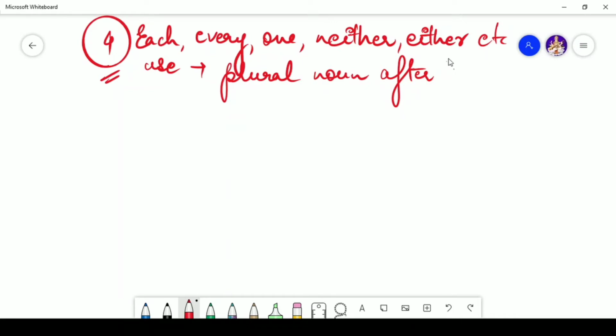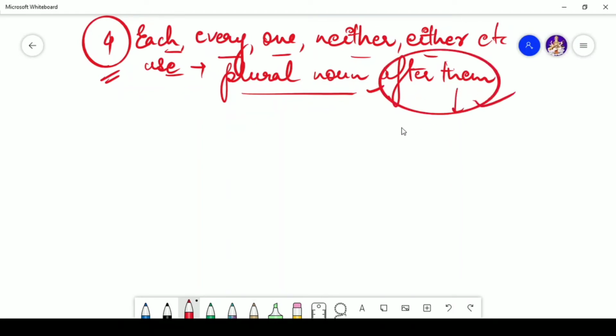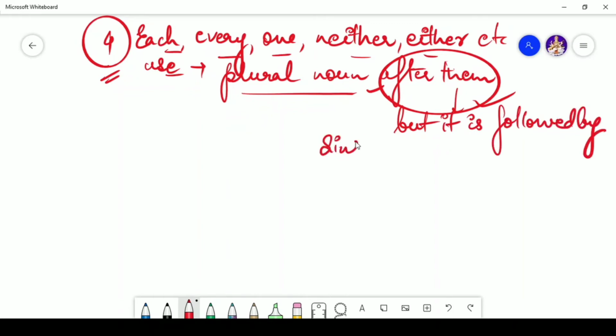Now each, every, one, neither, either, etc. use a plural noun after them, but it is basically followed by a singular verb.